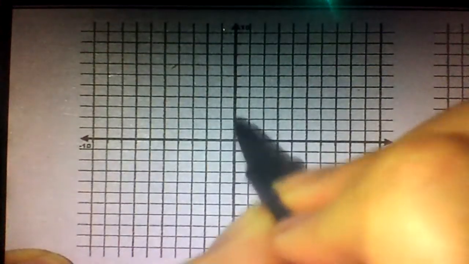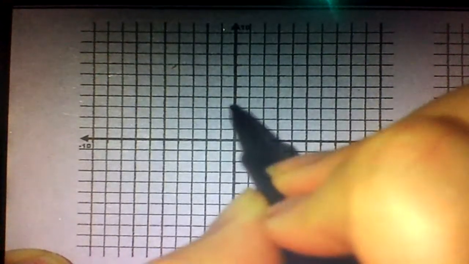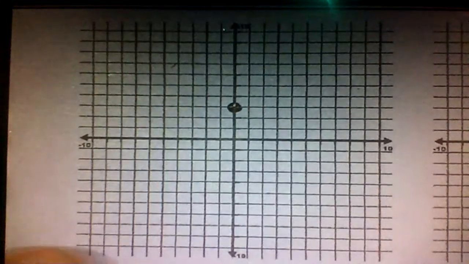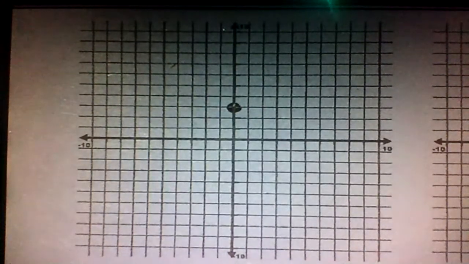So let's go and graph it. My y-intercept tells me I need to start at 3. So 1, 2, 3. Again, we need to make sure we're addressing our mistakes from yesterday. When you graph your y-intercept, make sure you are graphing on your y-axis, not your x.